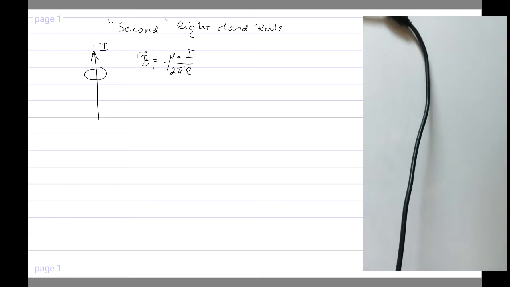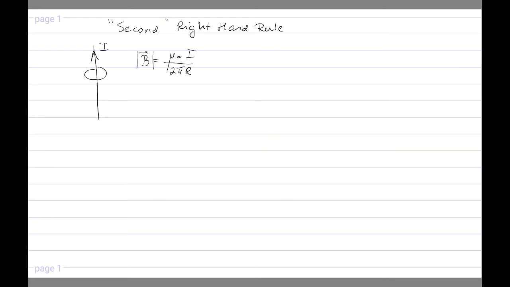Now, the shape of the wire can change, so you can have a loop of wire, and the loop of wire looks like this. It could have several different turns, and let's say that the current is going in this direction. One thing you have to remember here is that the magnetic field is concentrated in the center, or within that loop.